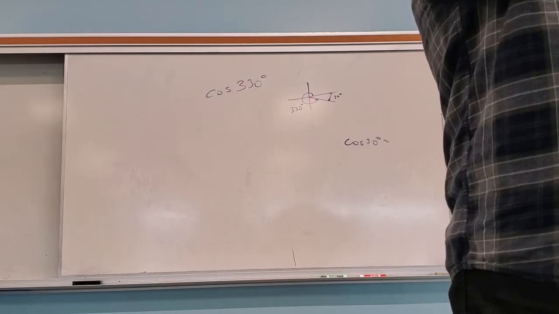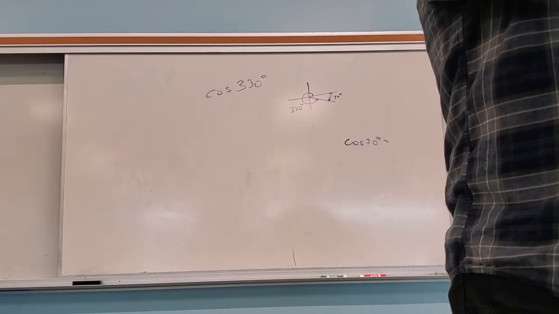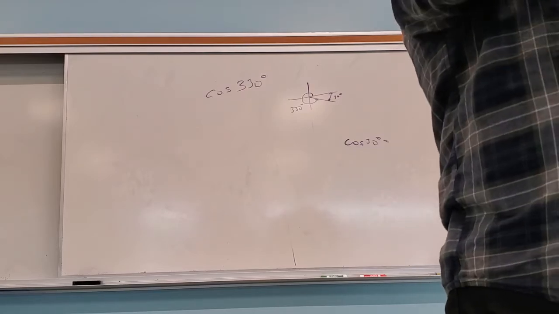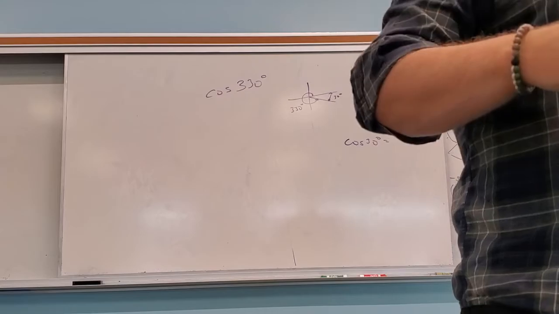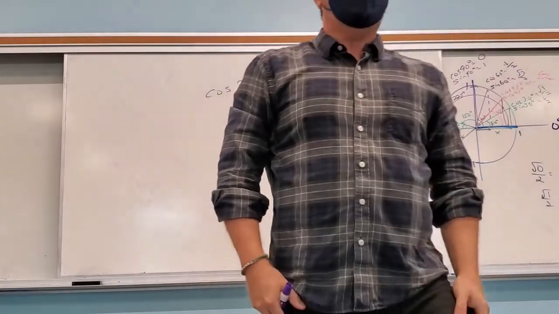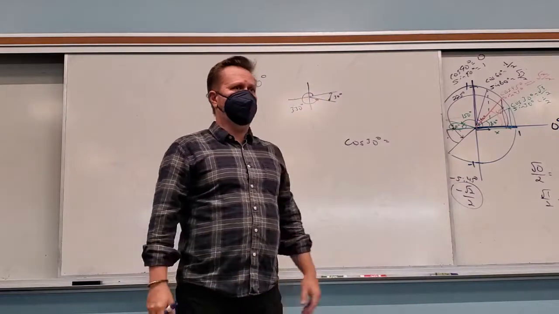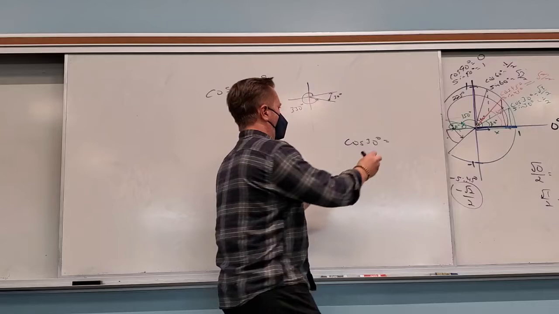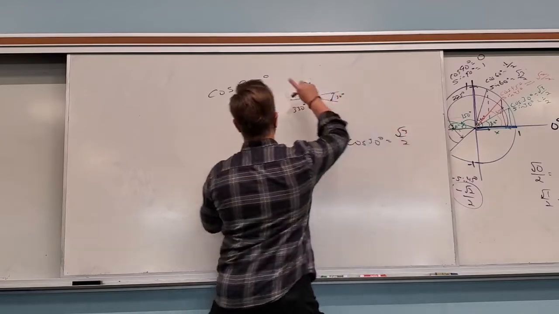Therefore, it is rad 3 over 2. If it was cosine 60, that's really close to y. Cosine doesn't like it there. It's the smaller one, 1/2. Bam. Right? So to be really honest, I never memorized cosine of 30 is rad 3 over 2. I just do that real quick. So that's rad 3 over 2. So what is cosine of 330?